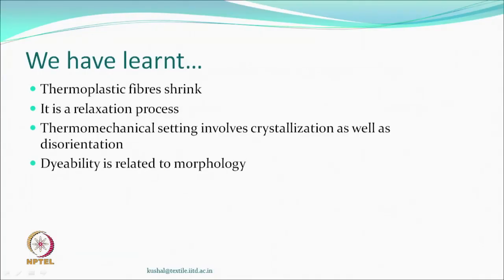So, what have we learned? We have learned that the thermoplastic fibers shrink, and that is akin to a relaxation process, where the molecule which was already stressed quite a lot now shrinks to relax, which is thermodynamically a feasible process, where as we say the entropy increases.